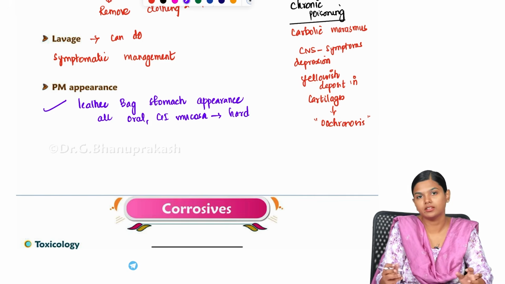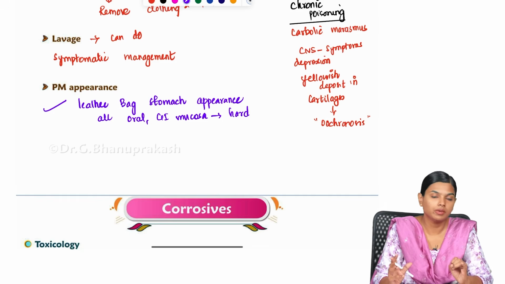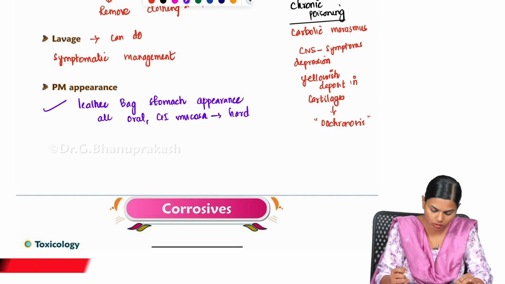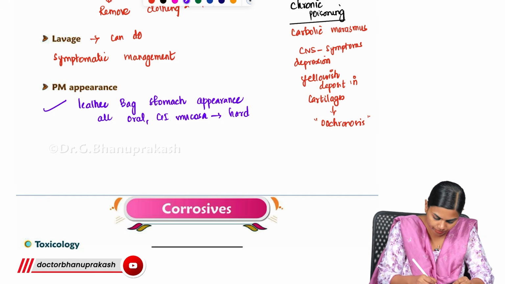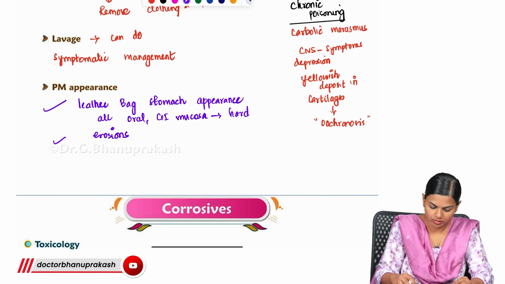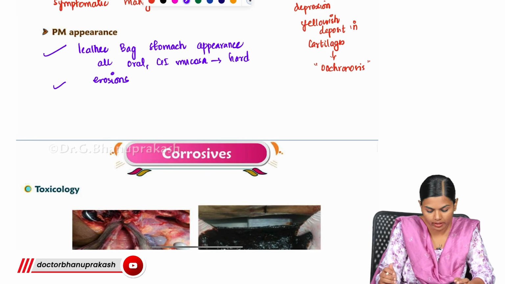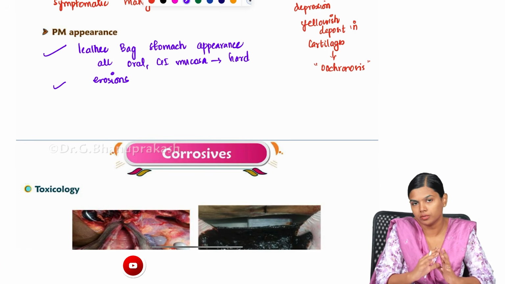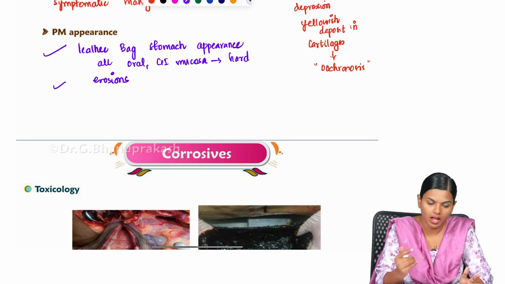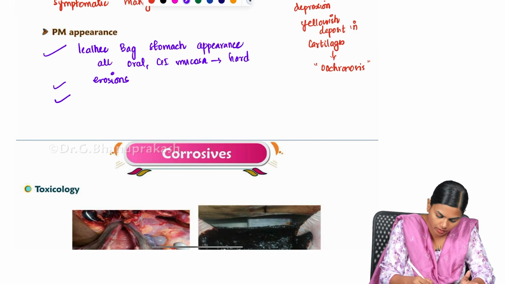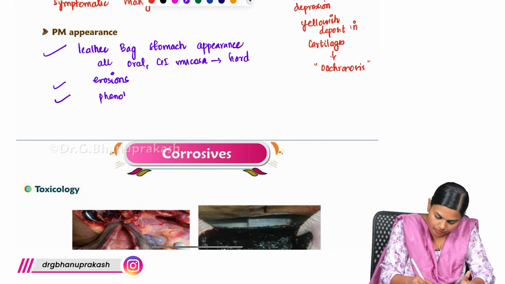Because of that, you will get this hard stomach. So you will be getting this leather bag like stomach, and you will also be able to see erosions. And this is the most important thing: leather bag appearance and erosion will be seen all over the body. And you will also be able to appreciate the phenolic smell.